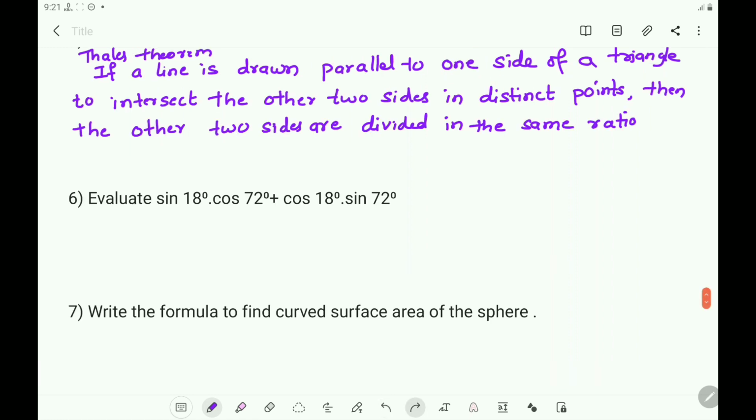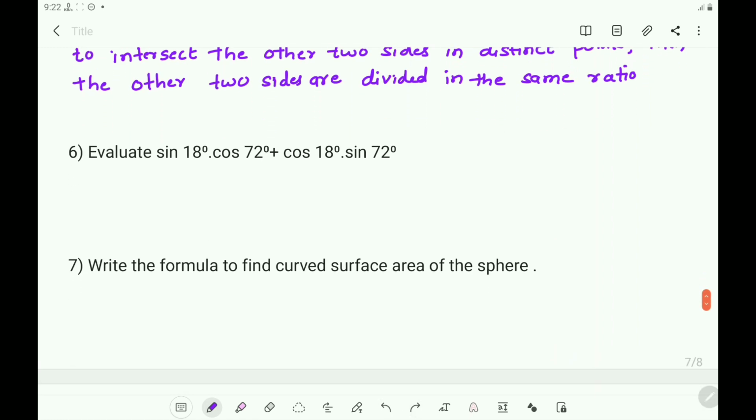So you take here, first you write sine 18 degree into cos 72 degree plus cos 18 degree into sine 72 degree. Then you can convert any one here, sine 18 degree.